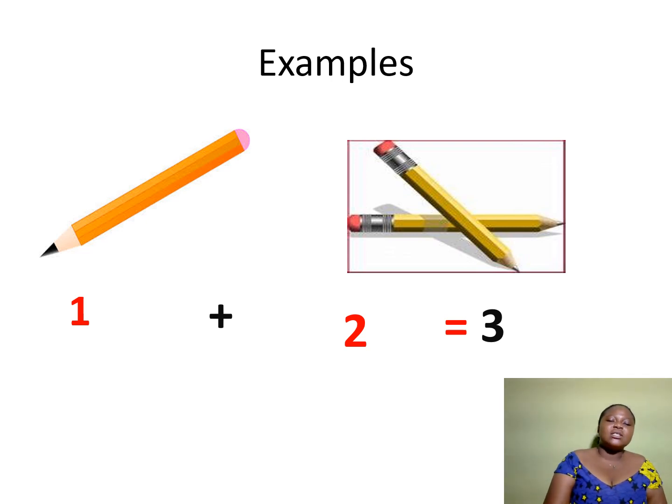It shows that we are adding 1 pencil to 2 pencils. Anytime you see this sign, it means there is an addition, okay? So we have 1 pencil plus 2 pencils is equal to what? 3. This sign is also showing that we are summing up. Good.